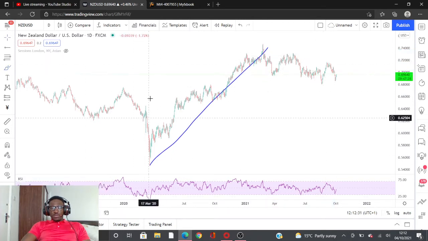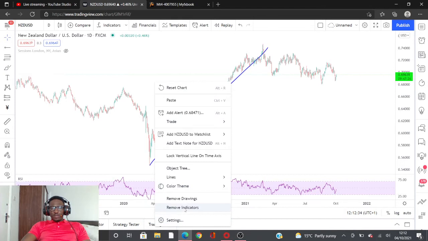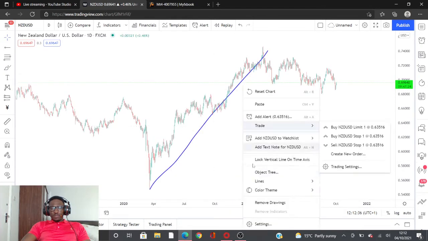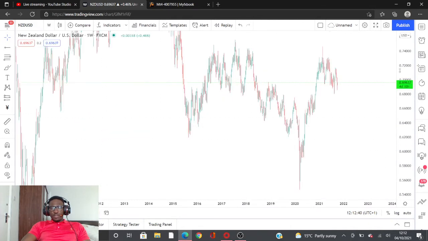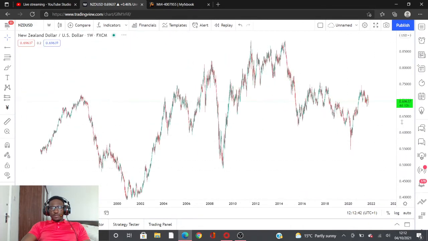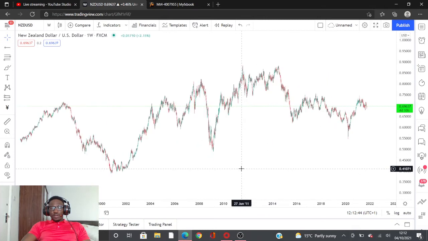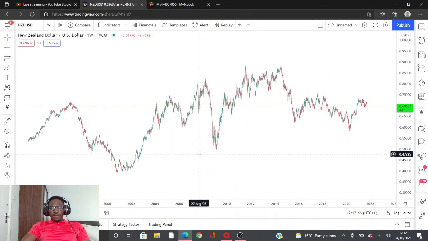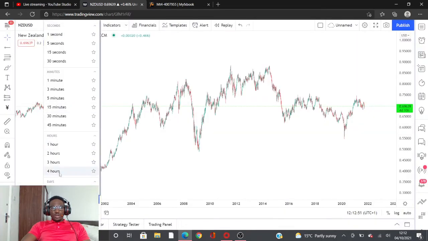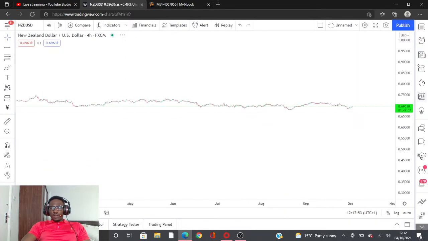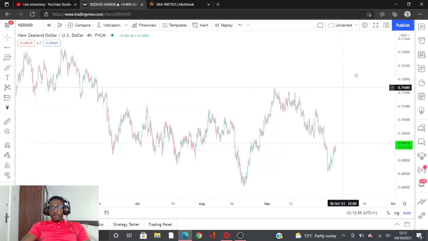So you know what, let's start off with the weekly chart, because the weekly chart might give you a different type of reading. Okay, no, weekly doesn't really tell me anything. Weekly tells me the market is bullish, it's still bullish. So let's go back to the 4 hour chart and analyze this a bit better.